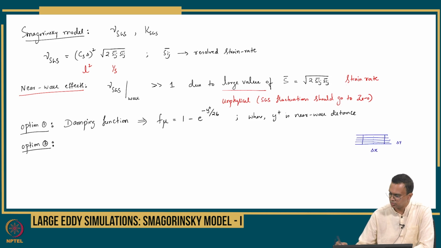So together it will make the delta itself the cube root of delta x, delta y, delta z, right? So this can be larger.